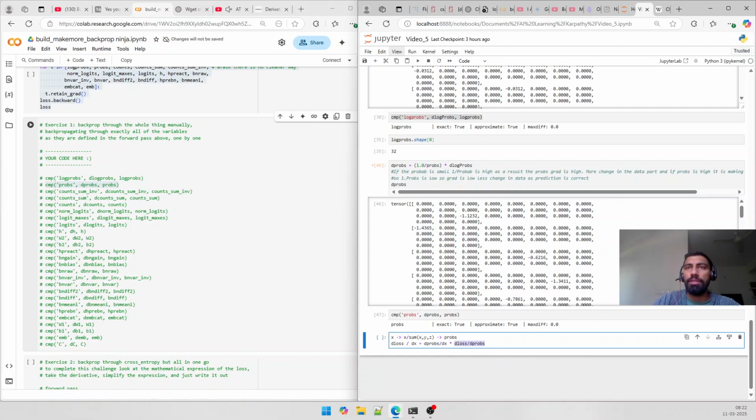So this is something that we need to calculate. That will be equal to d of probs, which is d of x by x plus y plus z, by d of x, and into it is d probs, which we calculated here.